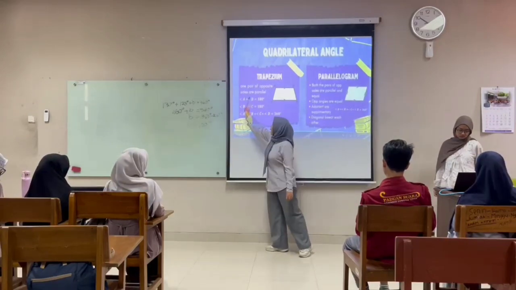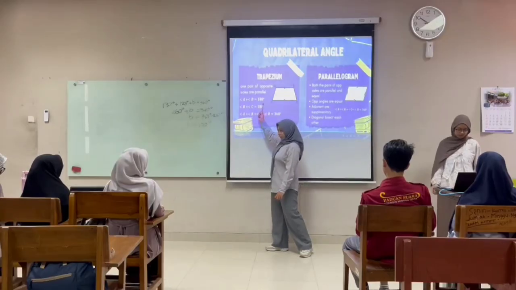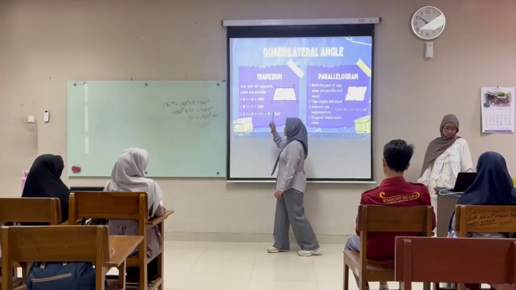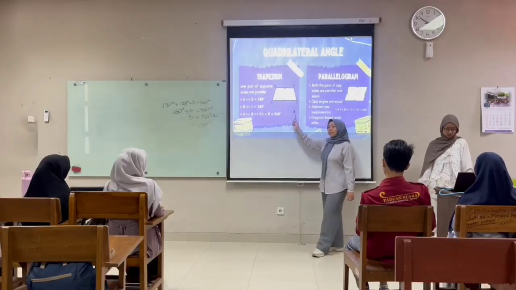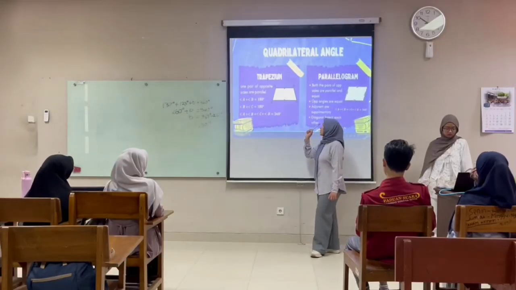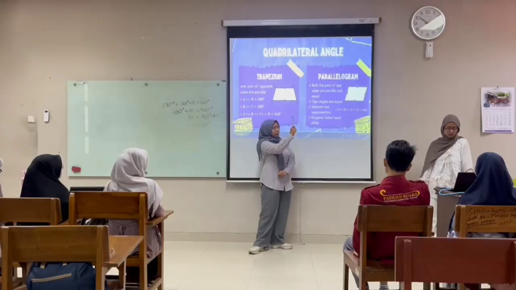So because angle A plus angle D is 180 degrees and angle B plus angle C is 180 degrees, angle A plus angle B plus angle C plus angle D is 360 degrees.